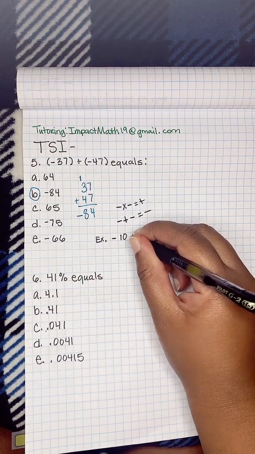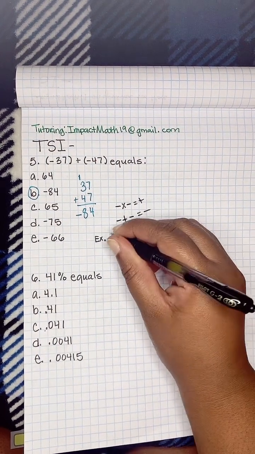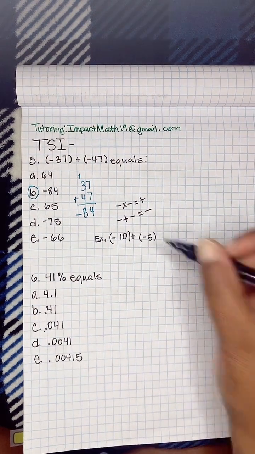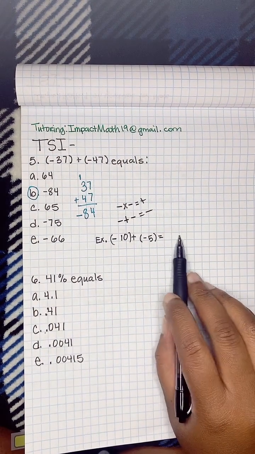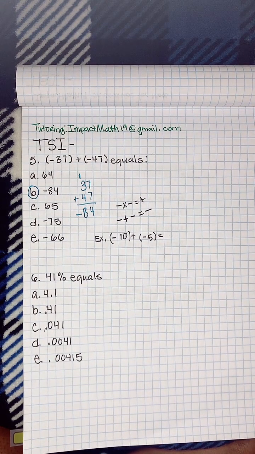negative 10 plus a negative 5. How much do you get here? Can I see it in the chat? Good. Negative 15.